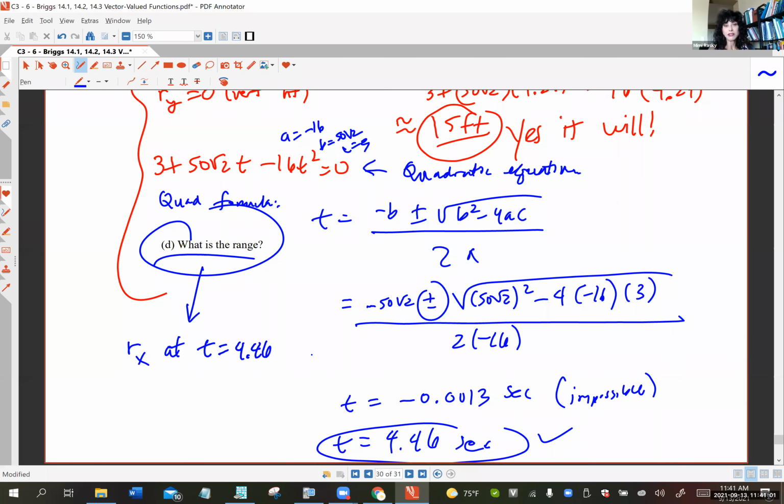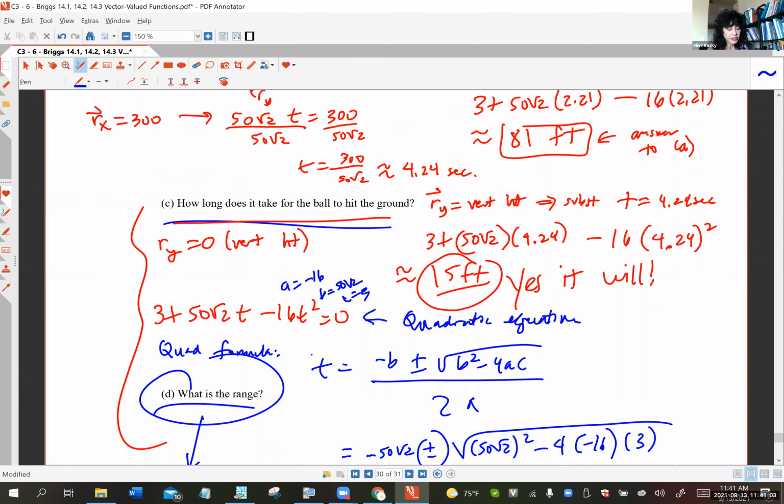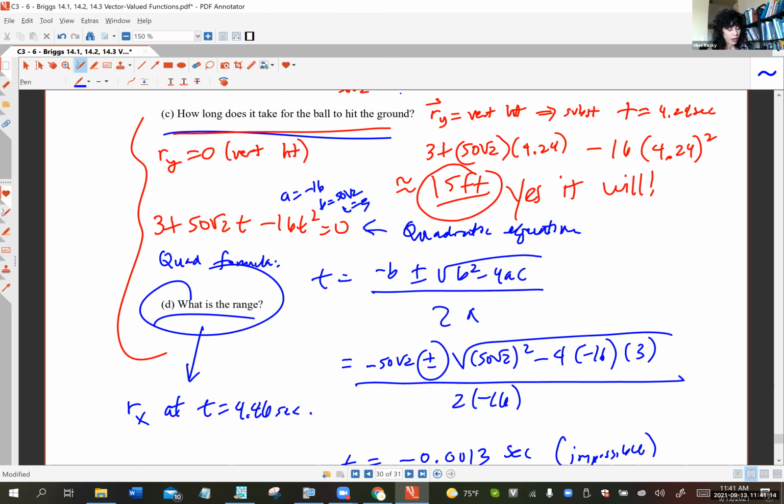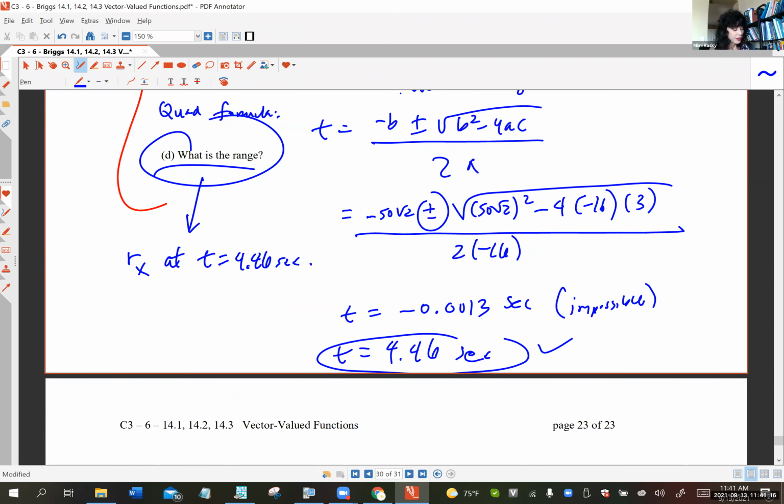Easy peasy to find, because you just substitute 4.46 seconds into the t for the horizontal component of the projectile motion vector valued function. So you go 50 square root of 2 times t, which is approximately 4.46 seconds.